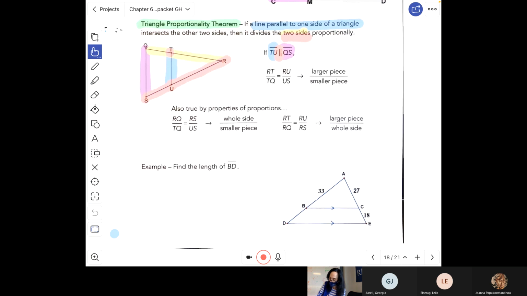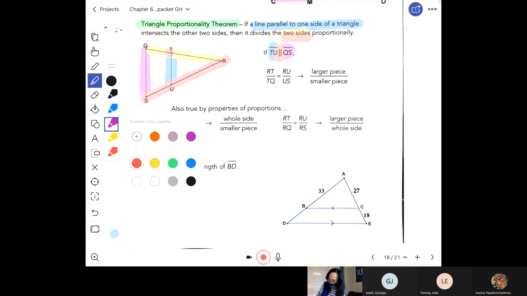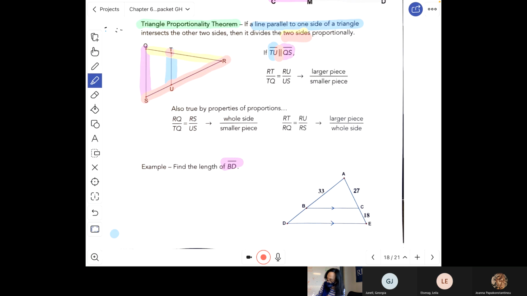What they want you to do in this example is find the length of BD. So what is BD? BD is just that little piece there. I'm going to call it X. So let's look at what we have.